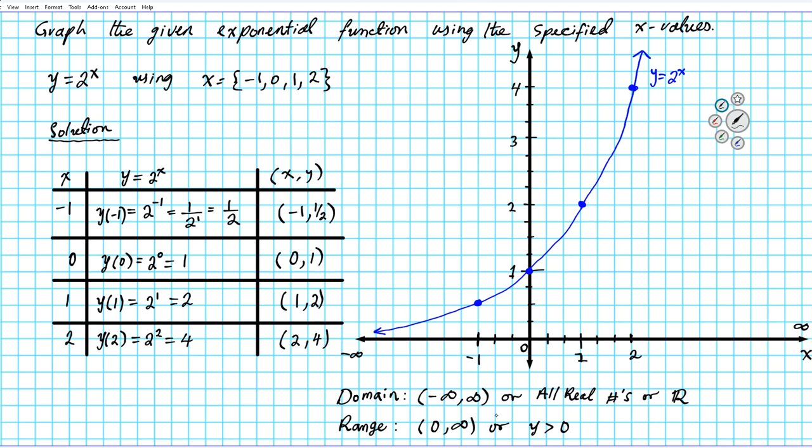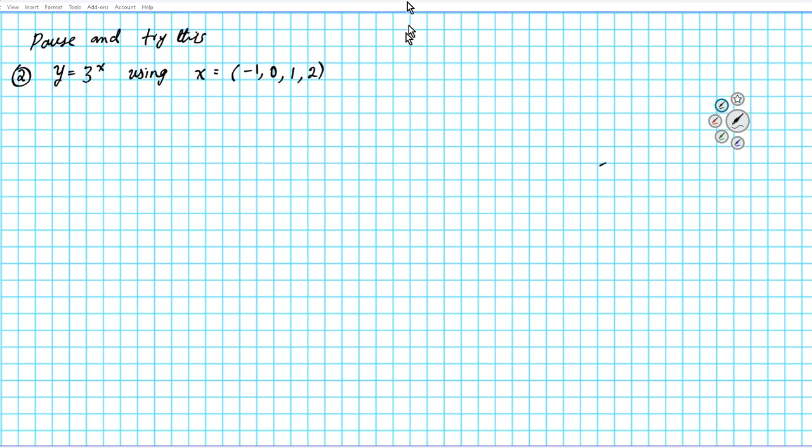So now let's give you a practice problem to try out. We'd like you to try out this problem, number 2. We'd like you to graph y equals 3 to the x using the same input values, domain values that we used for the original example, question number 1.